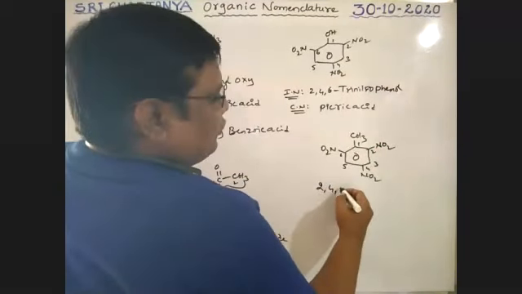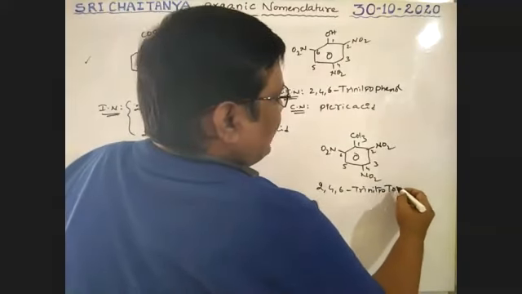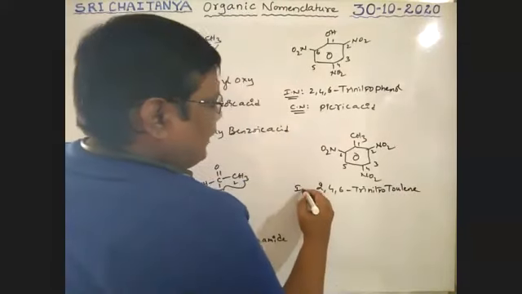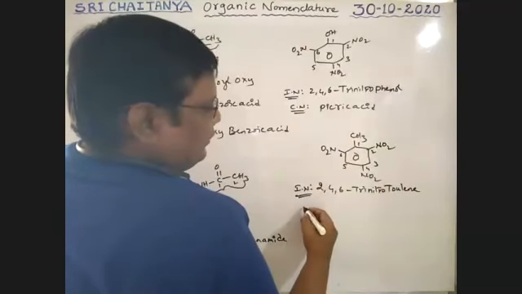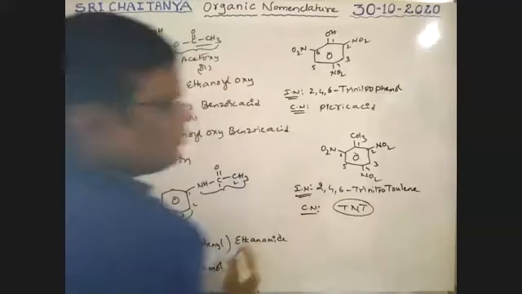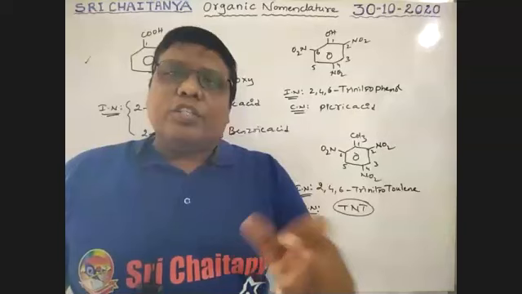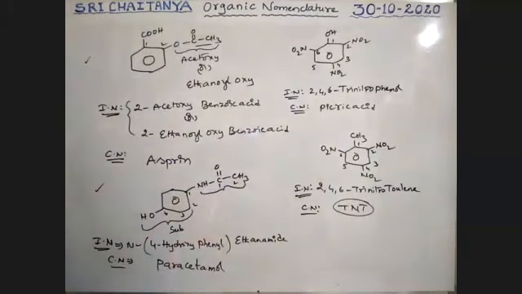Once again, 2, 4, 6 trinitrotoluene is the IUPAC name, but it is commonly called TNT. Very explosive. TNT, trinitrotoluene, is used in explosives. A very, very explosive compound. Okay, like this we can identify a number of compounds, boys.